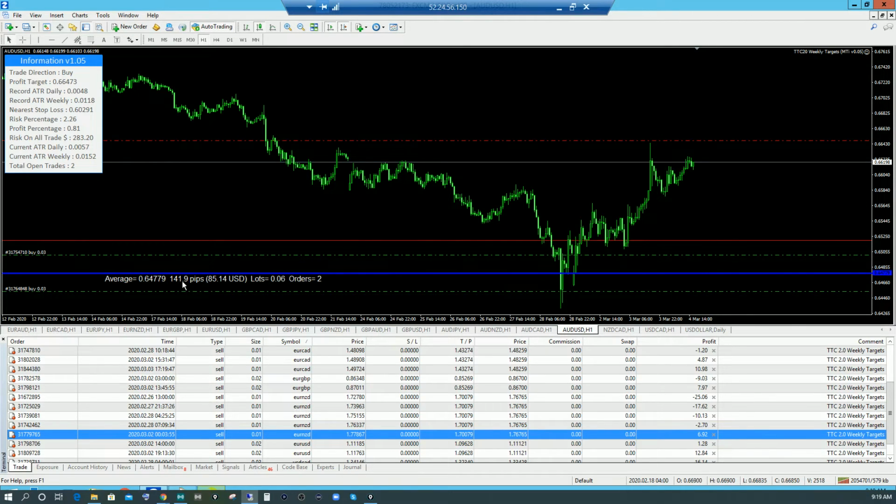Basically it's 142 times 2, so about 285 pips or 281 pips or so. We're up in the money on this pair right here, and we've got about 24 pips left to go.